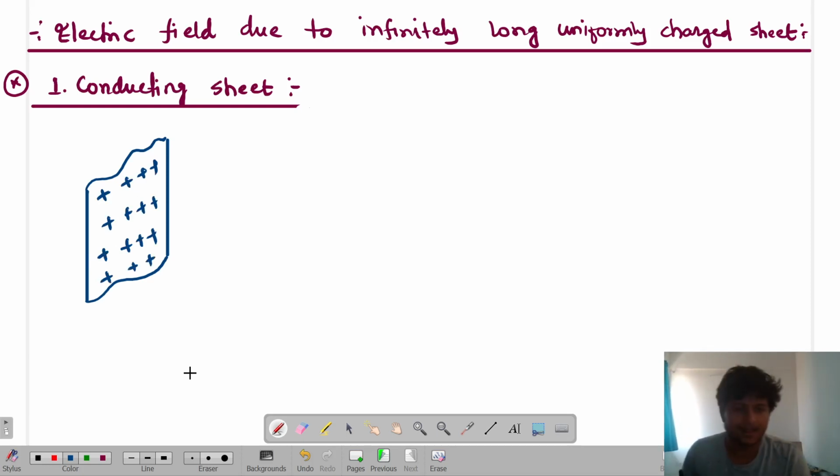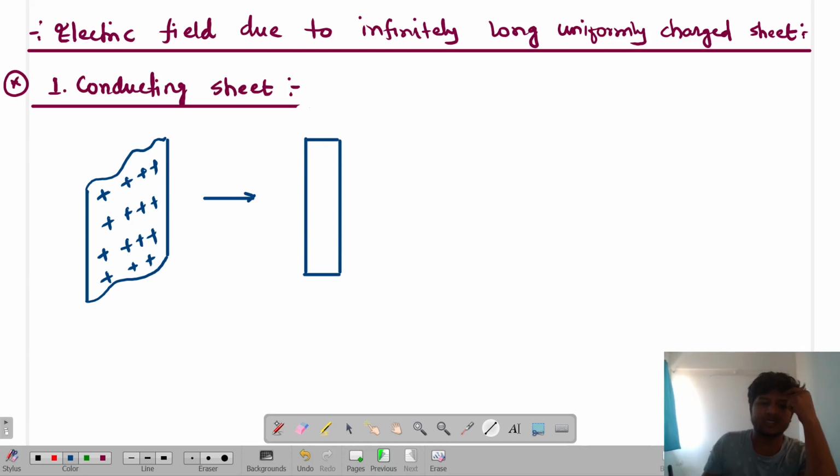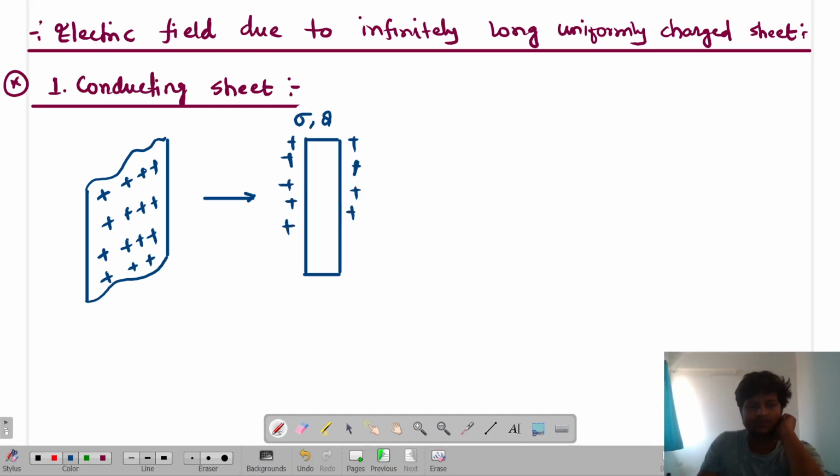In simple terms, if we look into this sheet in two-dimensional way, if I take any strip, then that strip has two sections, the top section and bottom section. And the whole charge, Q or sigma, whatever you write, will be distributed in that sense. This is my 2D view.